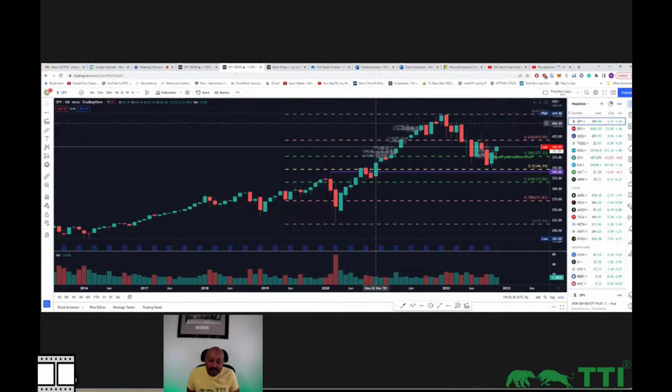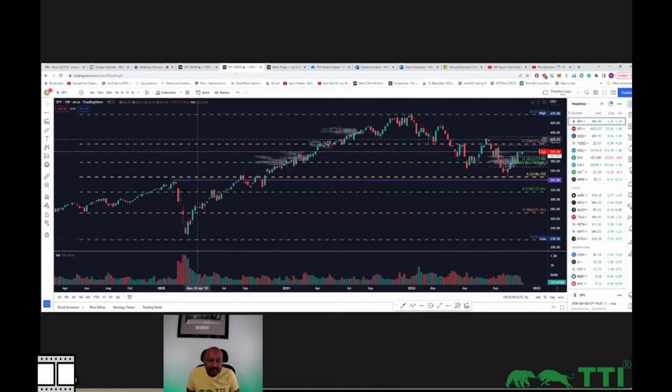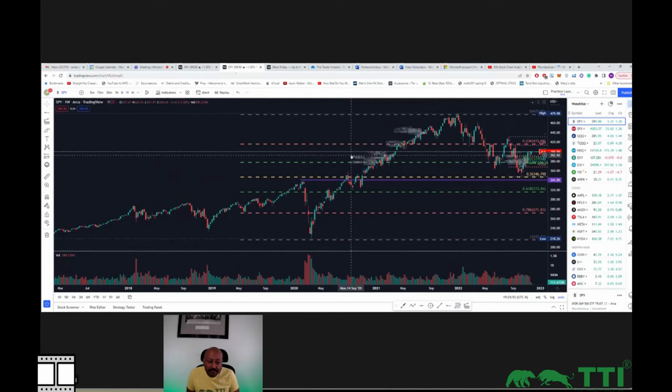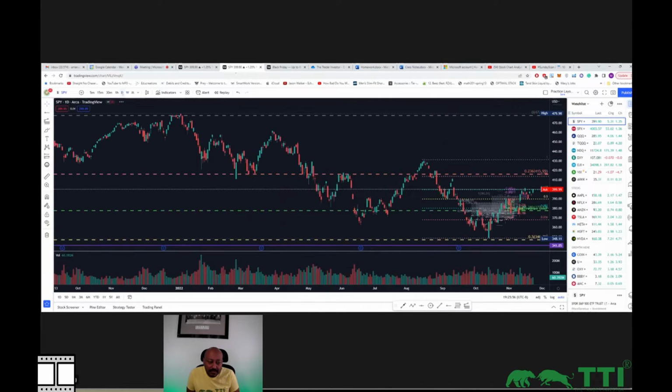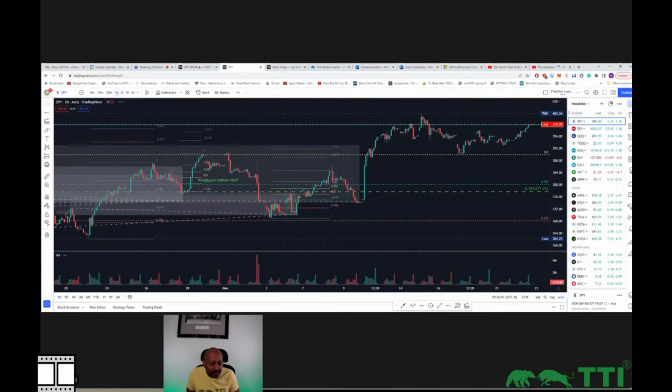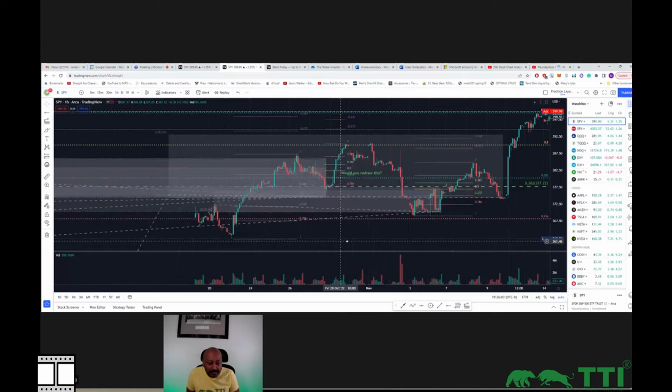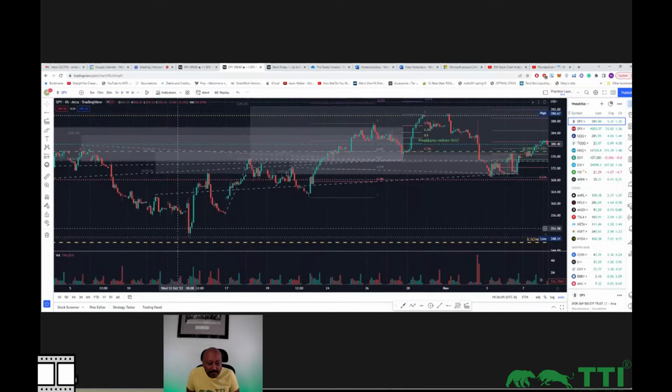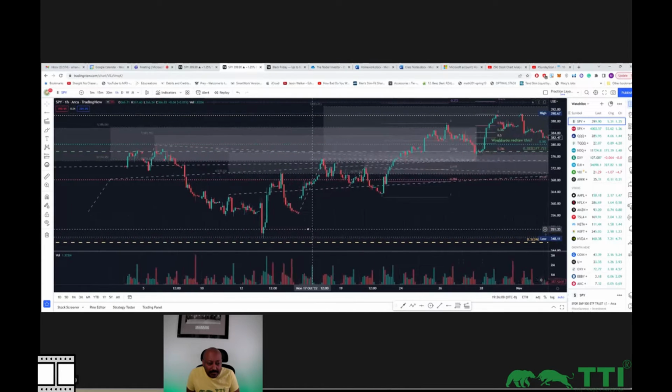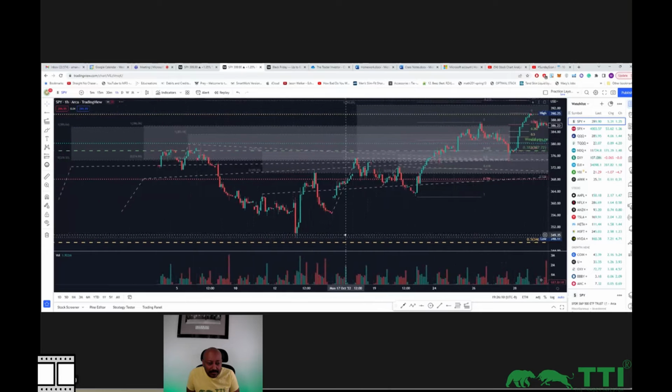So I start from the monthly and build my fibs for the monthly, and where we are, starting from the pre-COVID lows. I did that on the monthly, I did that on the weekly as well, going all the way down to the daily, and then finally the hourly. And a lot of my actual entries and retracements and everything I did on the hourly chart. So maybe let me start with that one.